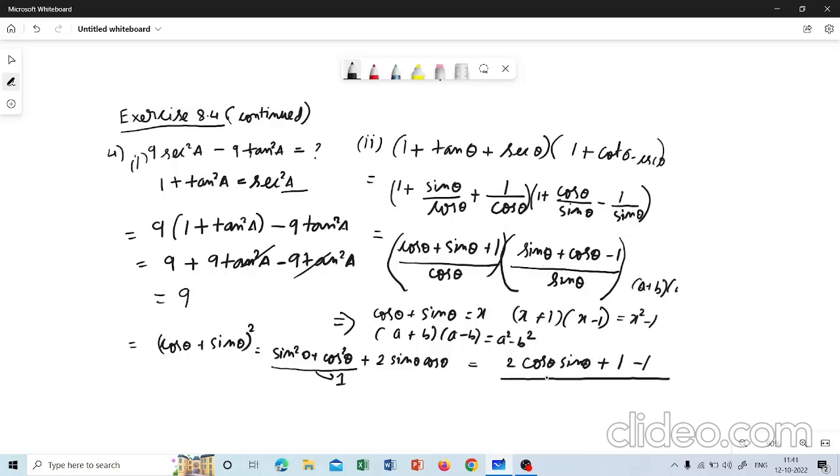Similarly the denominator is cos theta into sin theta. So if I simplify it, 1 minus 1 is 0, so 2 cos theta sin theta.